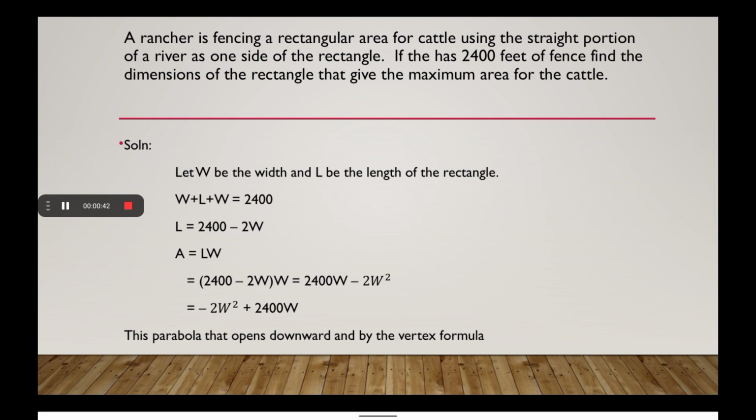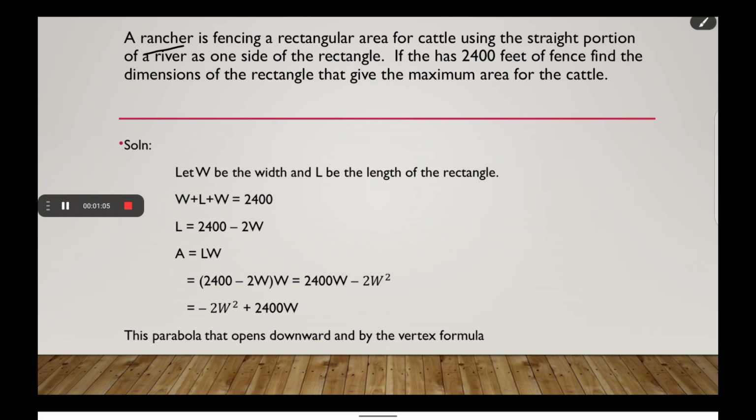The first question is: a rancher is fencing a rectangular area for cattle using the straight portion of a river on one side of the rectangle. If he has 2,400 feet of fence, find the dimensions of the rectangle that give the maximum area for the cattle.